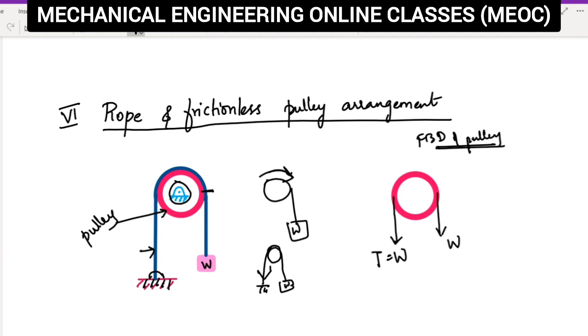And when we have a pin joint here, attached to the pulley, how do we show the reactions at that point? We show them as a horizontal reaction and a vertical reaction. This is H, this is V, if this is point A, say for example.